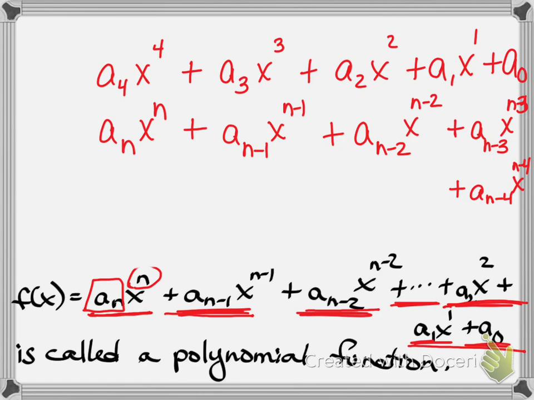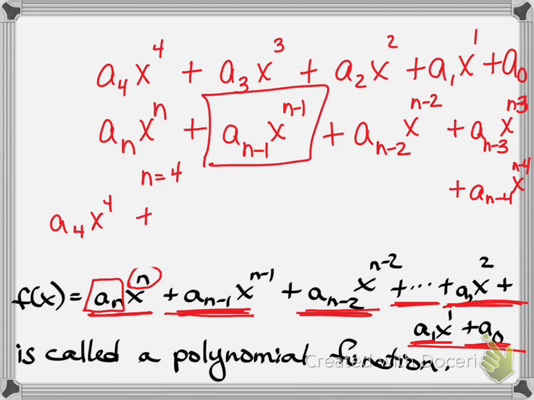And then if you put n equal to 4 in here, then that all kind of would make sense. That's a to the 4 x to the 4. This would be a to the 4 minus 1, x to the 4 minus 1. This would be 4 minus 2.